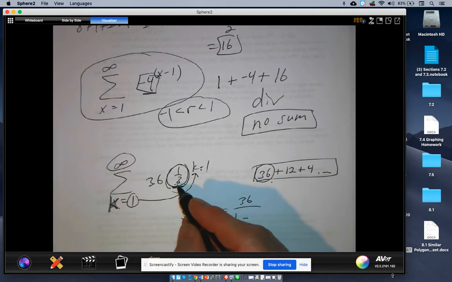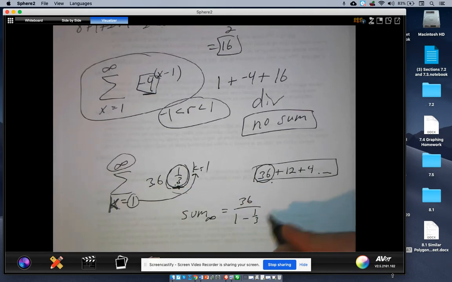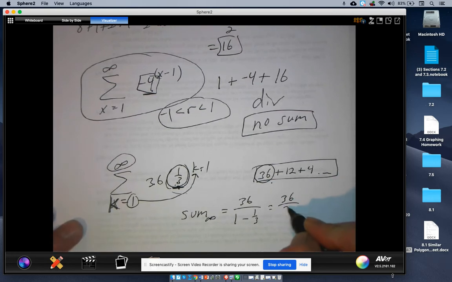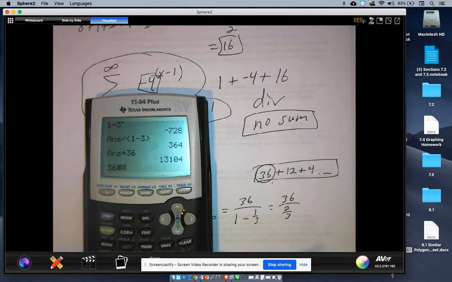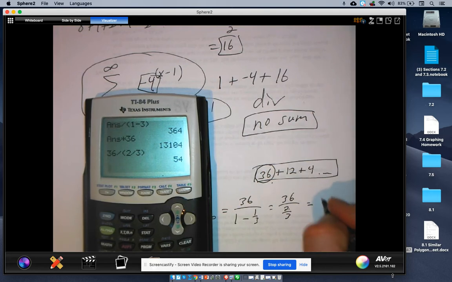The common ratio is always this base here, 1/3. So if I add up all these numbers, I get 36 divided by 2/3, right? And I can use my calculator if I want. So I can go 36 divided by, don't forget your parentheses, 2/3. It's going to tell me 54. Okay, so if I add up all those numbers, I will get 54.